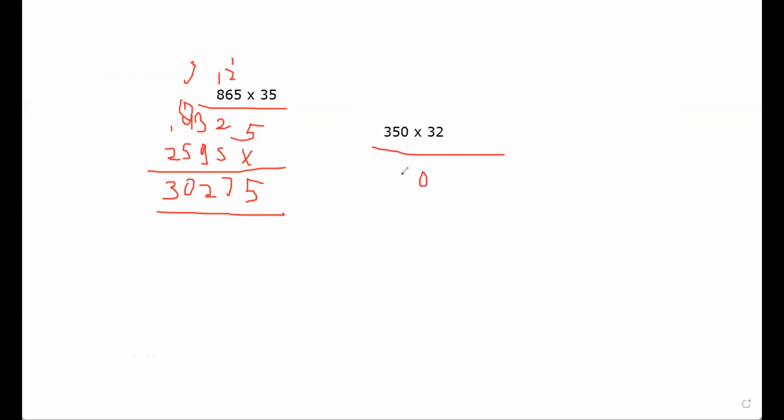2 multiplied by 5 will become 10. 2 times 2 is 4... 3 times 6... 0 into 3 will become 0. 3 times 5 is 15. 3 times 3 is 9 plus 1, 10. This will become 0. This will become 0. This will become 12.